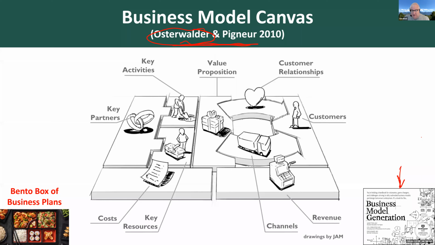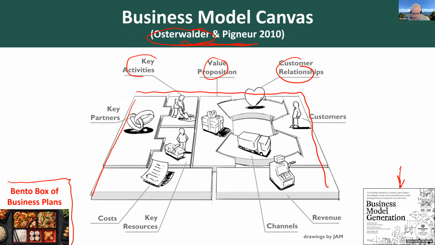It's got, like I said, a lot of traction. They promote this as the bento box of business plans. As you can see, it's structured as a one-page business plan with these 9 different elements that they think everybody should think about as they put together their business plan. So that's what we're trying to accomplish here today: get you familiar with these ideas.